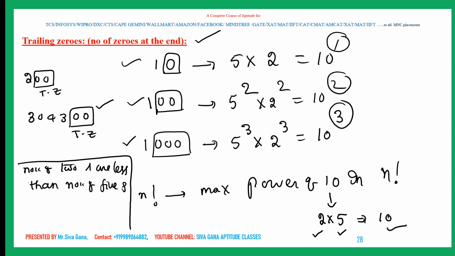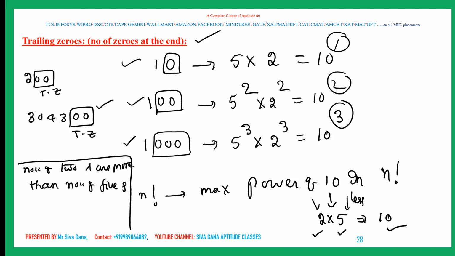Number of 2's are more, which means maximum power of 5 is less than maximum power of 2.